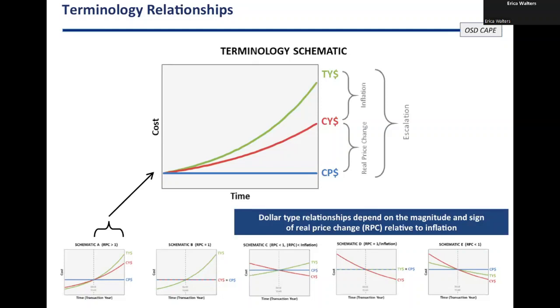So it's kind of the opposite of what you'd think it should be. The closest comparison to real dollars is base year dollars. And the reason that economists don't necessarily need to differentiate between whether they use an inflation index or an escalation index is because for the most part, people are just using escalation indices. But it depends on what they're trying to do and what they're trying to communicate.